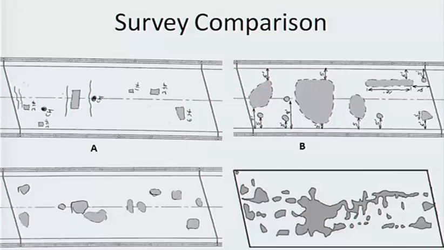To give you an idea of some of the discrepancies we see when we do wearing surface inspections, these are 4 different defect maps for the same bridge, and this was done in 4 different ways to collect this data, 3 different inspectors, and then 1 non-destructive way.